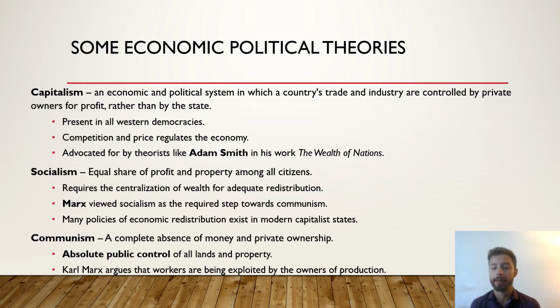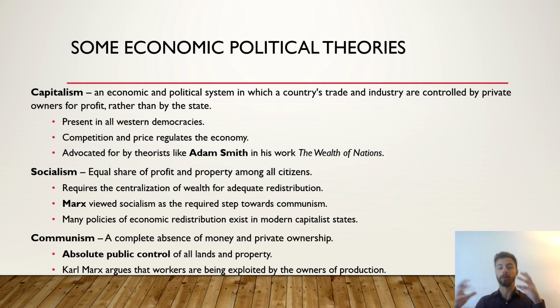We also see communism. The end goal of Karl Marx is a complete absence of money and private ownership. So Karl Marx's story would go, capitalism exists, and it is so detrimental that we need to go into a period of socialism to concentrate wealth and then redistribute it. After we've redistributed all of the wealth and there is no longer any capital held by the central entity, we have abolished private ownership.